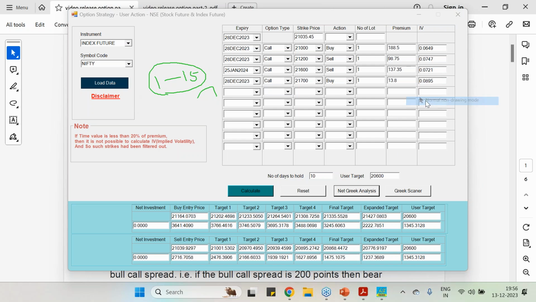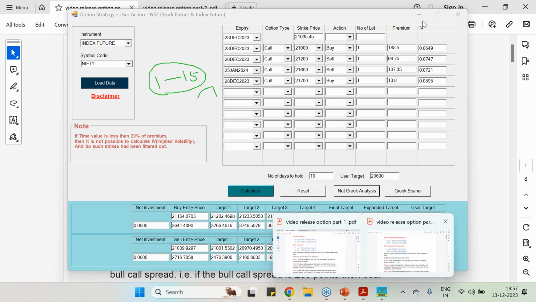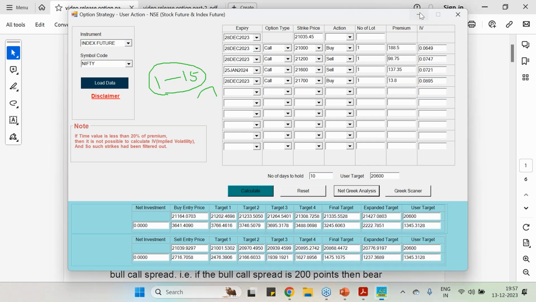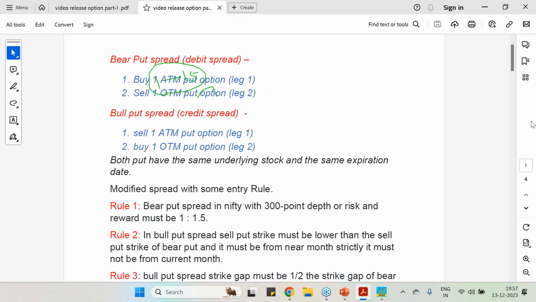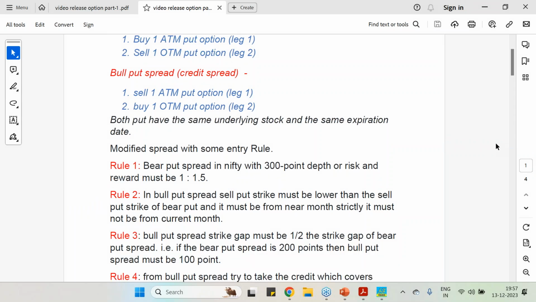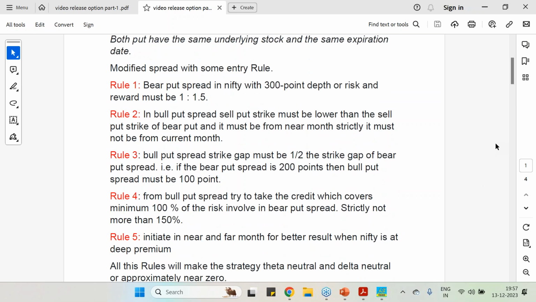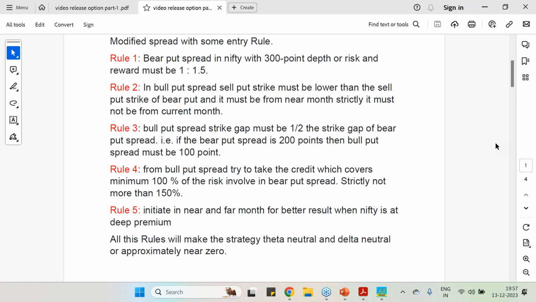PDF, I'll show you definitely. A simple strategy. This is a very, very simple strategy and it rewards nicely. And if you take it in a bigger lot also, you can work peacefully. Market will go up, come down, no issues. This rule I am showing, take a photo. Rule 5 also says that when Nifty is at a deep premium, initiate this strategy in the near month and far month.